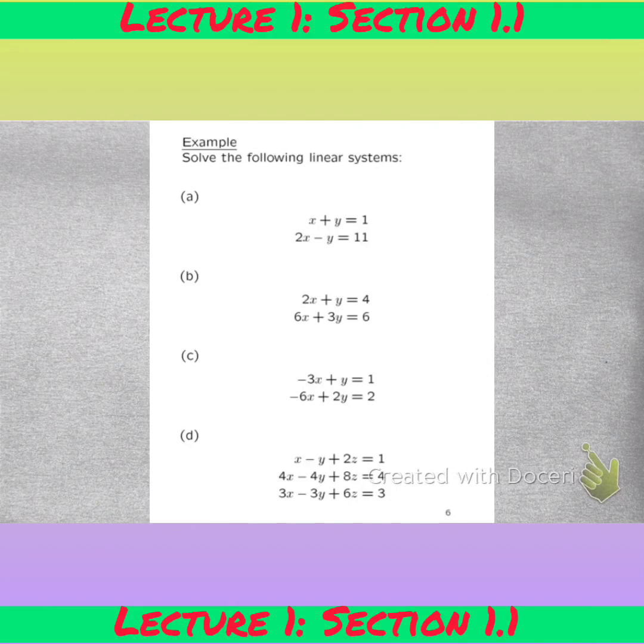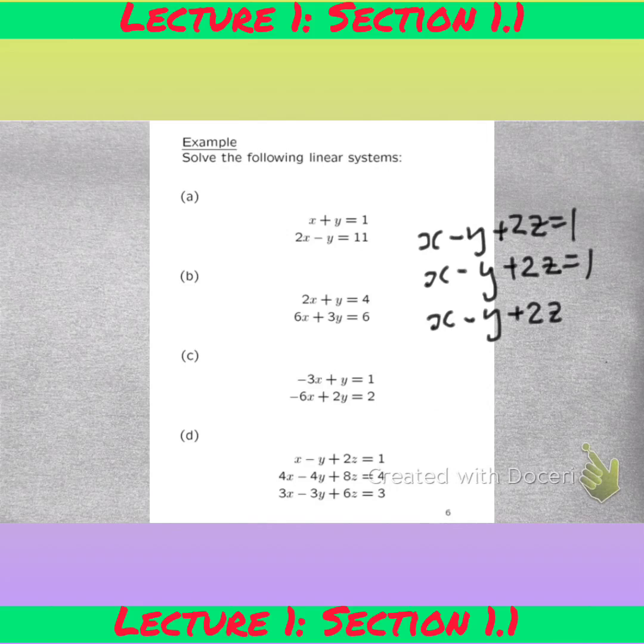The last system corresponds to the equations x minus y plus 2z equals 1. The second one you can write as x minus y plus 2z equals 1, and the last one you can write as x minus y plus 2z equals 1.